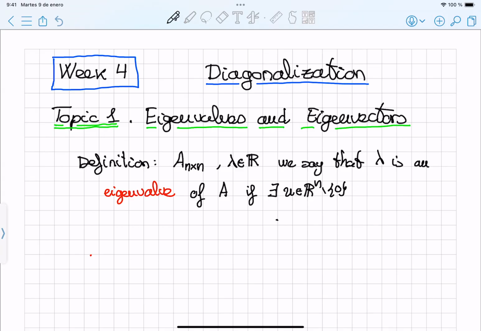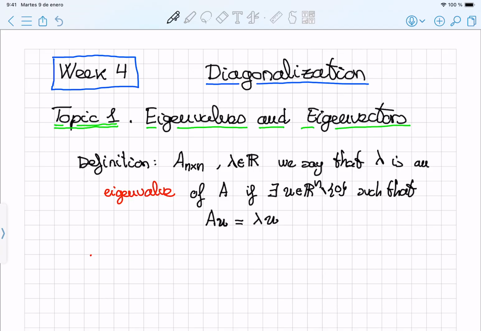This is minus 0, so it's just saying that the vector u is not zero, such that, and this is the important idea, if I multiply the vector u by the matrix A, what I obtain is simply the vector u, but multiplied by lambda. So somehow the vector u remains the same, but multiplied by this constant.